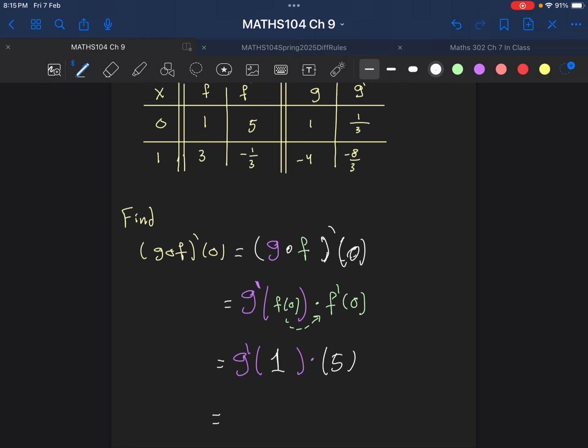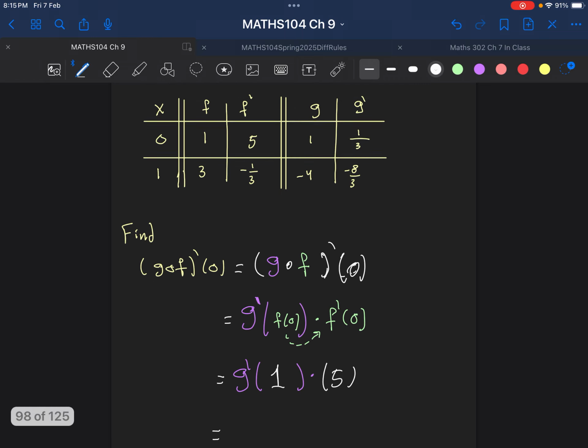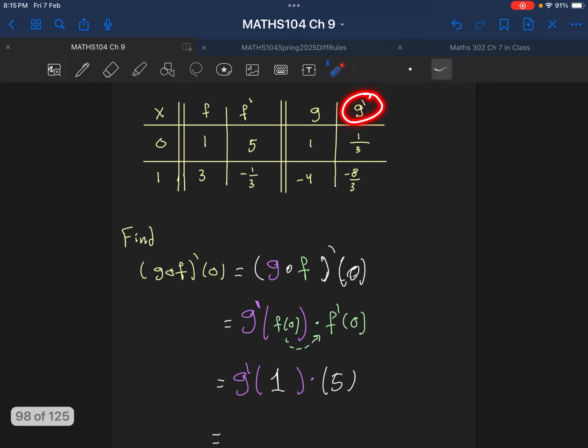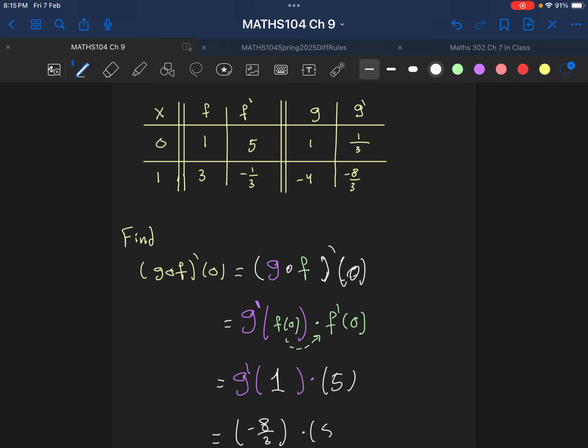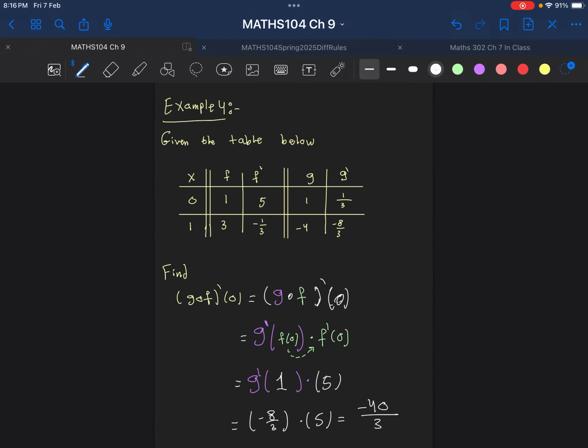Next step, what is the derivative of g at 1? Derivative of g at 1 is negative 8 over 3. So the final answer will go negative 8 over 3 times 5. So the final answer is 40 over 3. And that's the second question where we use the chain rule.